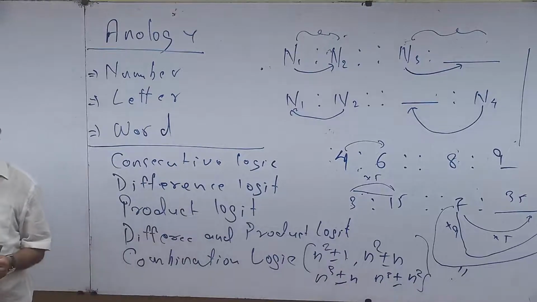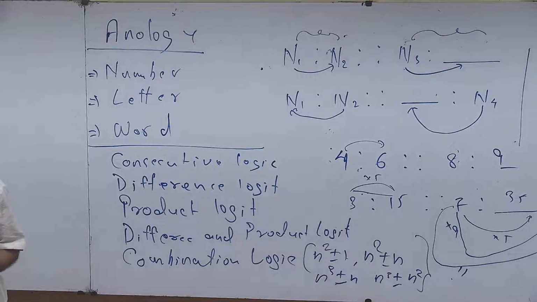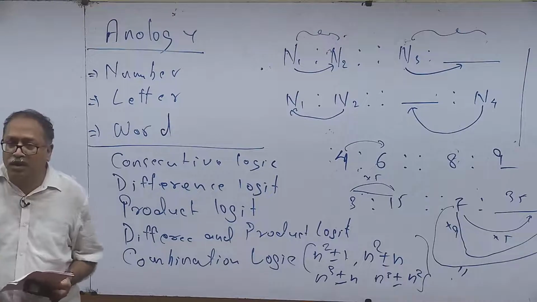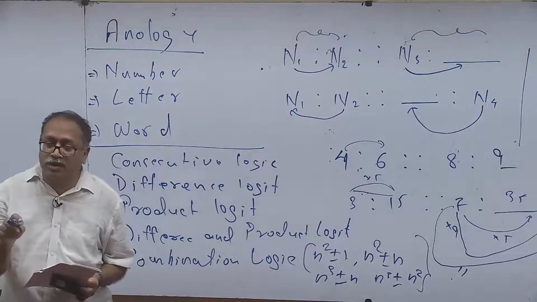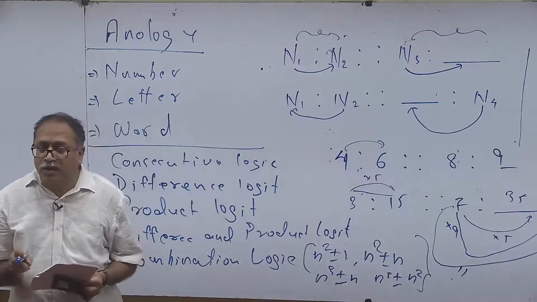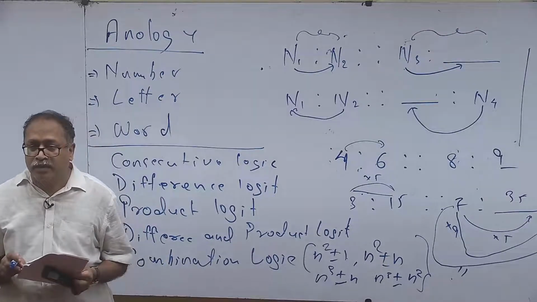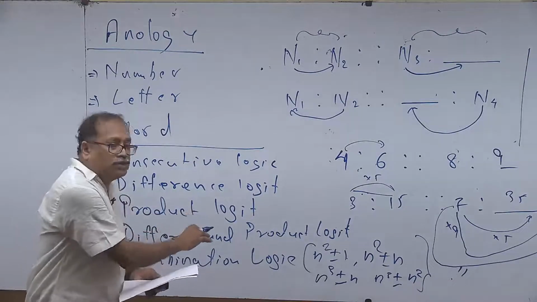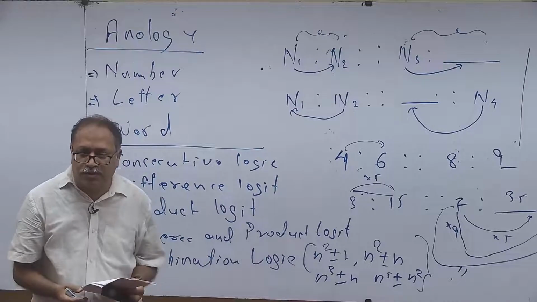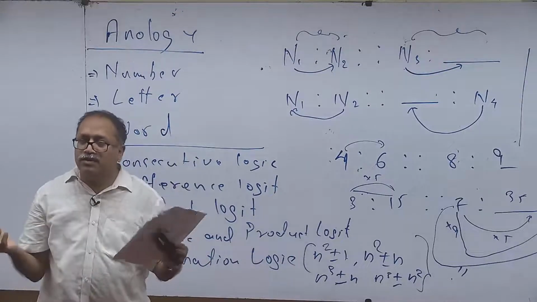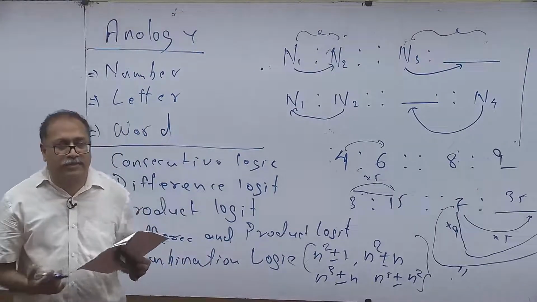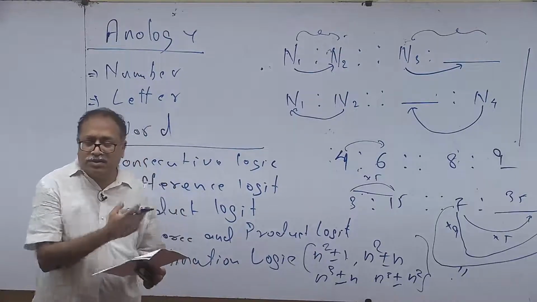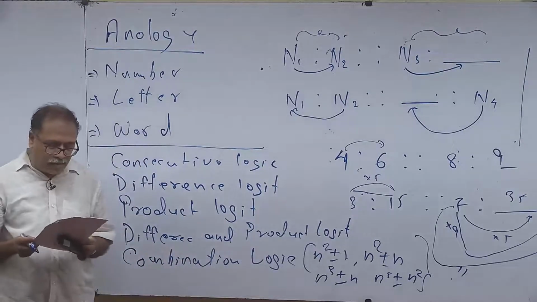So this type of logic is the combination logic. You are taking n square, n cube, and from there you are subtracting n square or adding n square. Some of these logics are very standard logics. Beyond that you will get logic which does not fall under any structure. These are the few standard logics, the category we are writing over here.